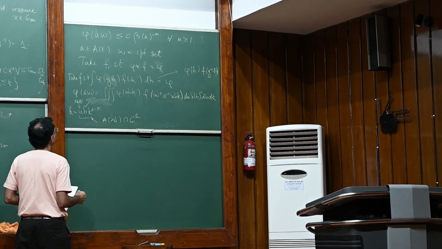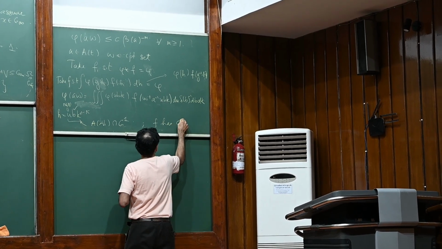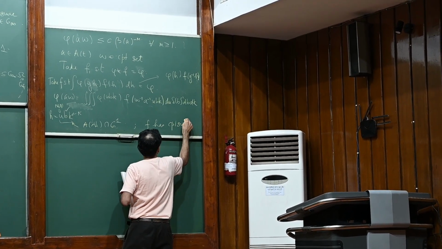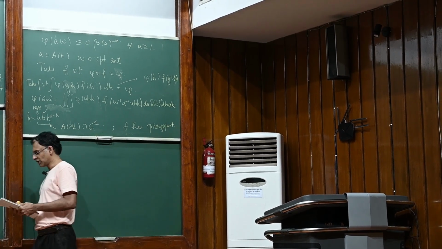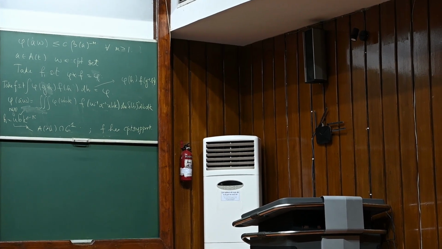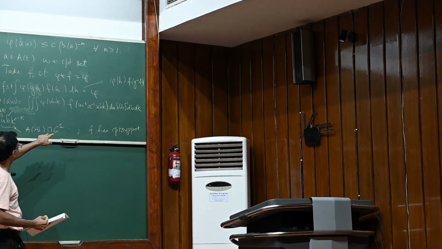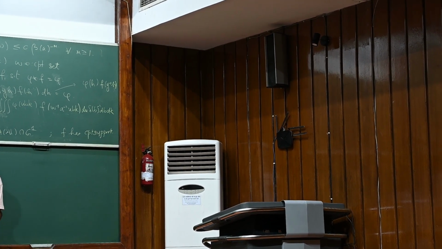F has compact support, of course. The F that we take has compact support, so keep that in mind. So now, what do we do with this? Again, I can conjugate and move things around a bit, and I will at most use some norm factor.